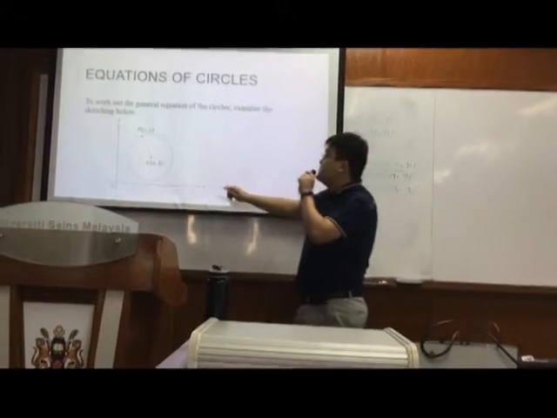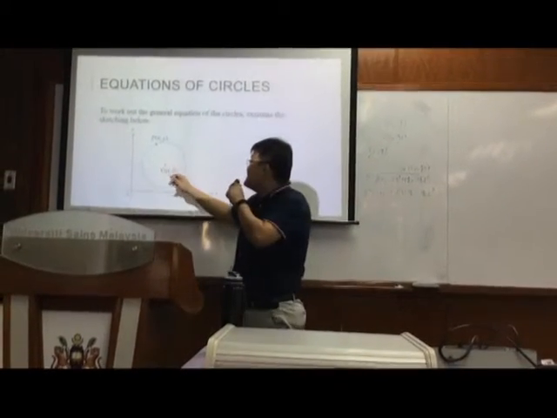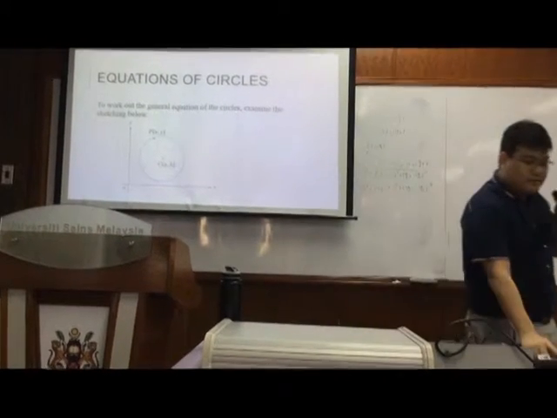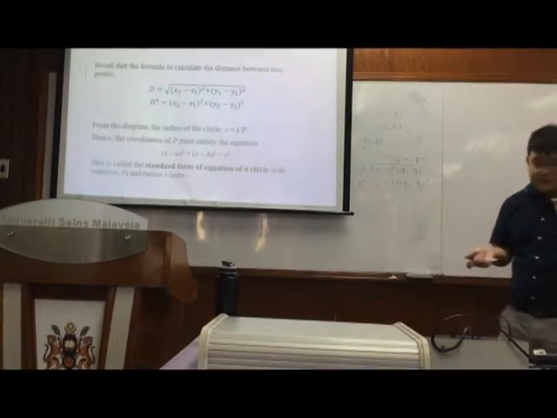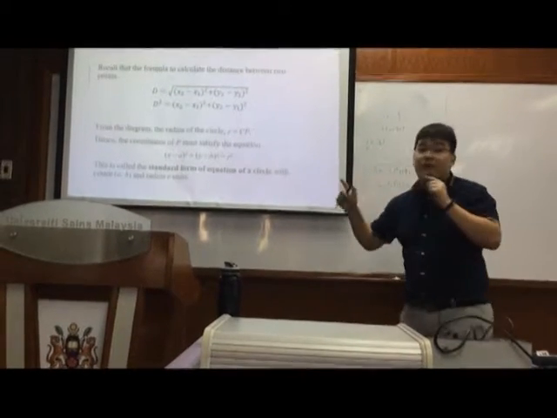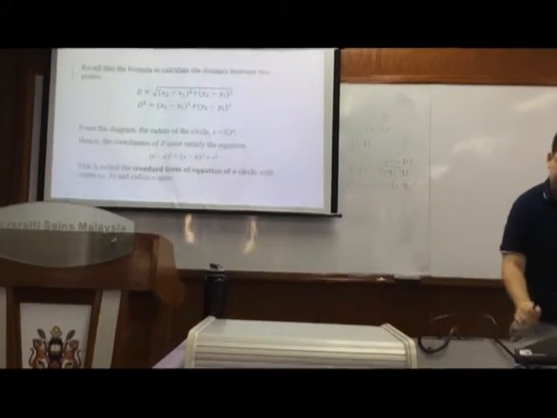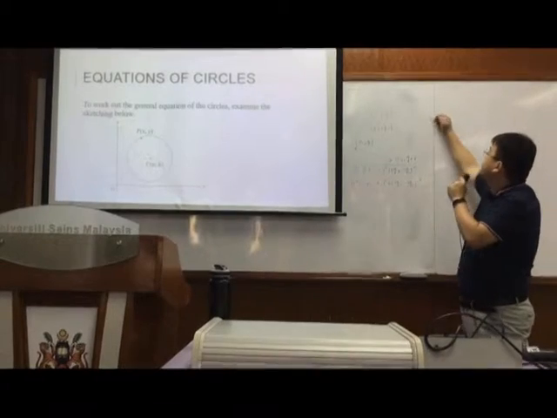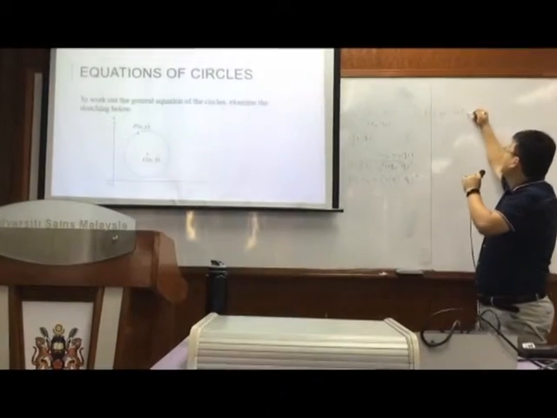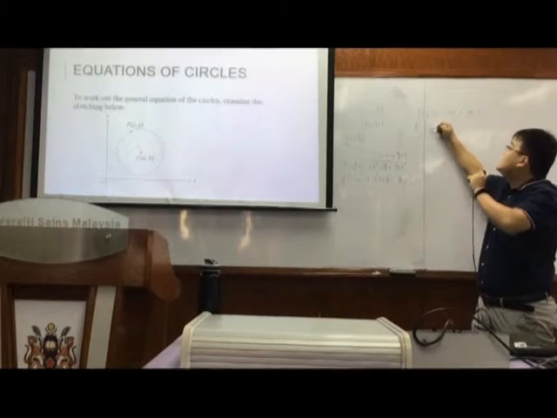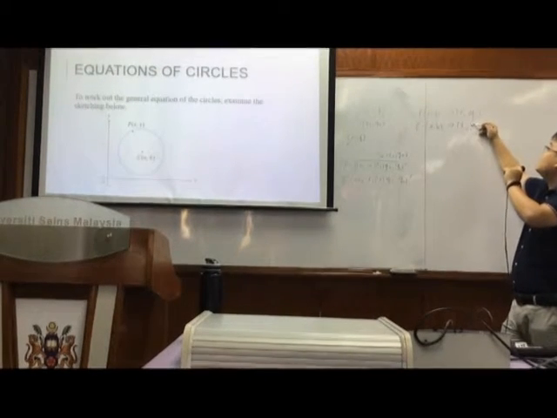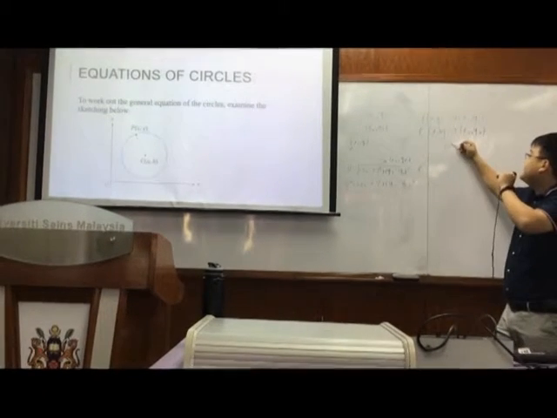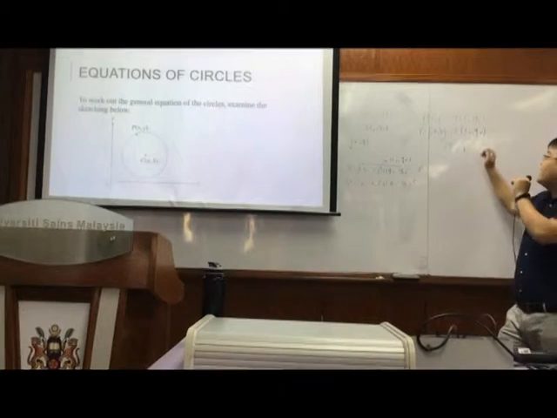We have the radius for this line, and this line we call CP, and we denote it as a variable r first. So putting all the points into this equation, let P be x1, y1 and C be the point x2, y2, where C is (a, b). We substitute this into the equation, and CP equals r, the distance.